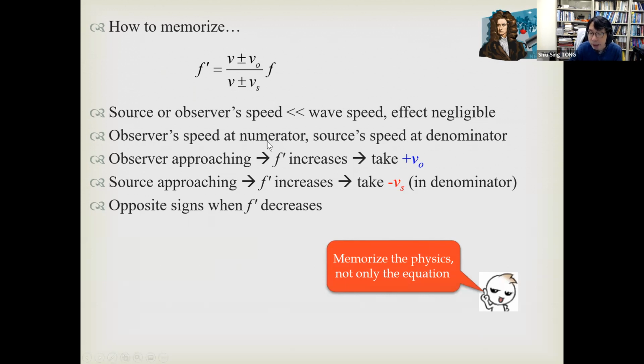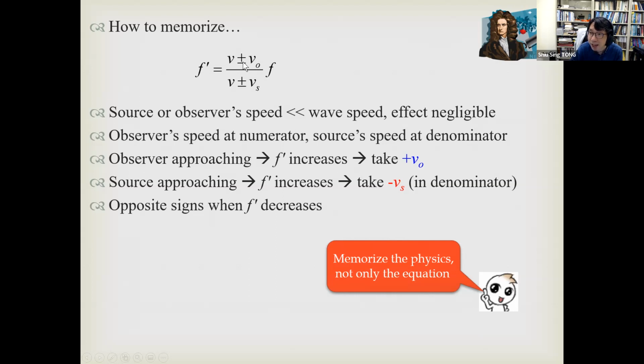Now the observer speed is in the numerator and the source speed is in the denominator. So how to choose it? Now when the observer is approaching, F prime will increase, right? How to make F prime larger than F? You take the plus sign.